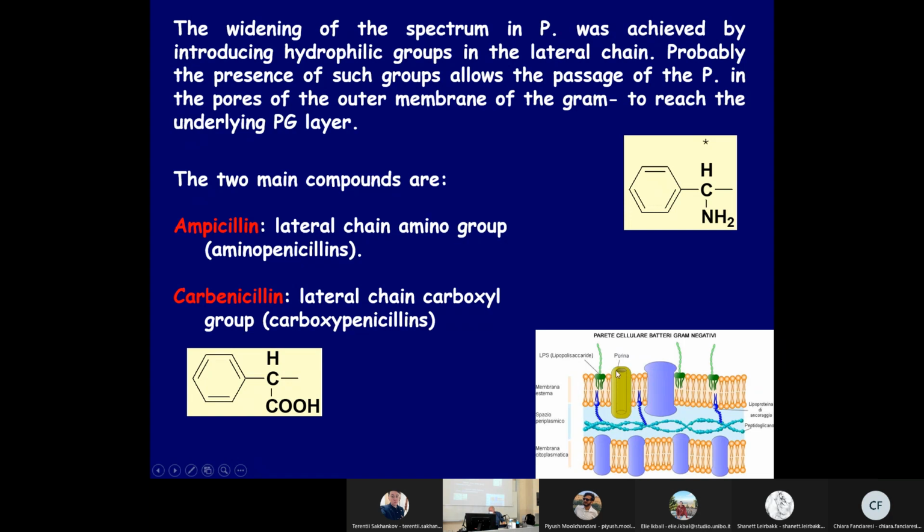Here in the picture, you have a representation of the aquaporin. So you can see that this hydrophilic compound can reach very easily the peptidoglycan in the gram negative.